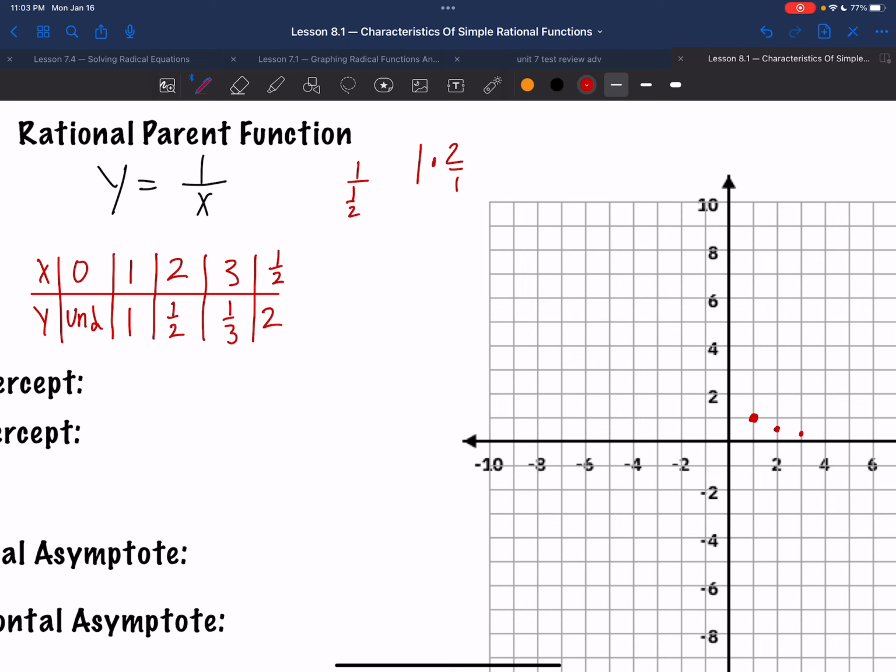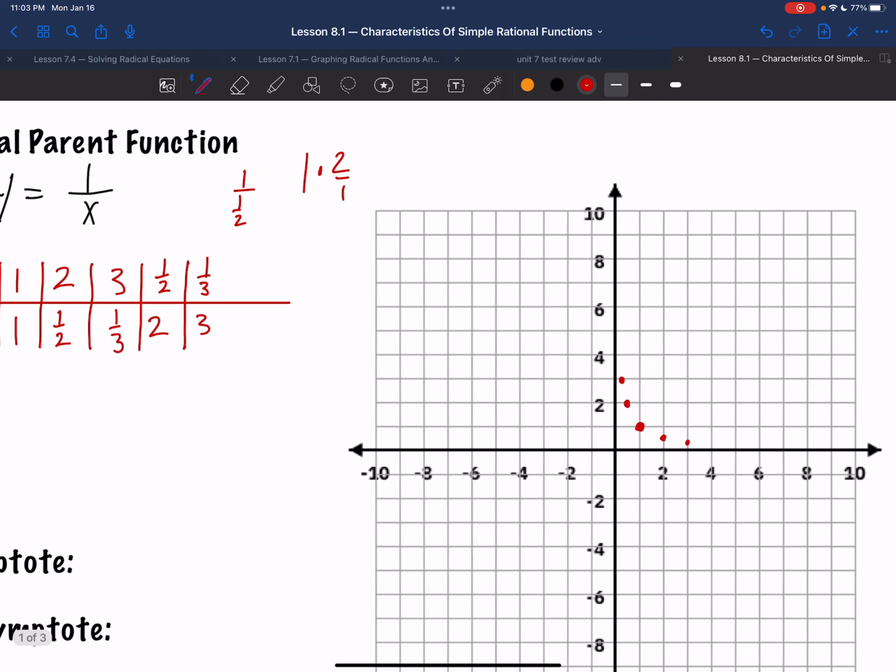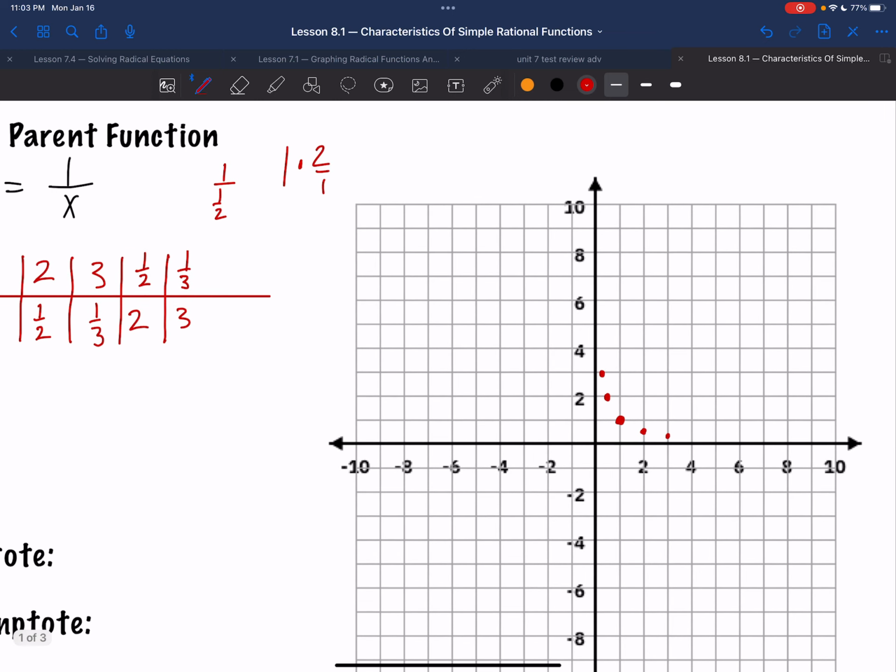So when x is 1/2, y is 2. Similarly, let me extend this out a little bit more. There we go. I could test 1/3 and get 3. And it's going to keep going like this. And so you can kind of see the curvature here, yeah? It's kind of bending towards the y and the x-axis like this.